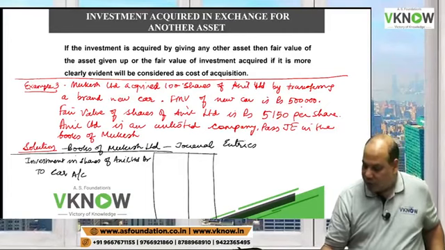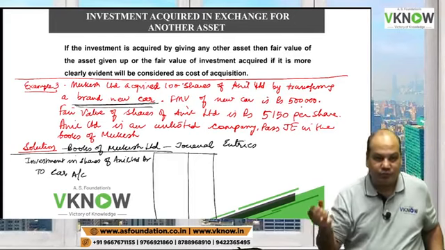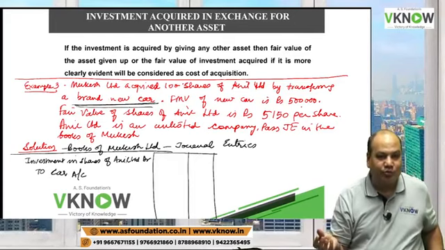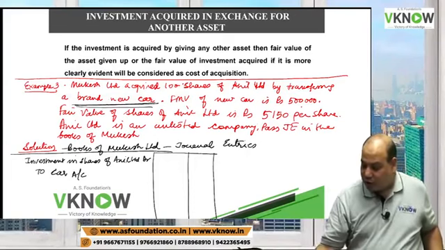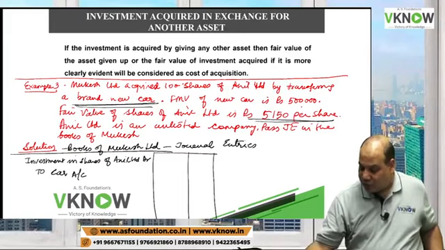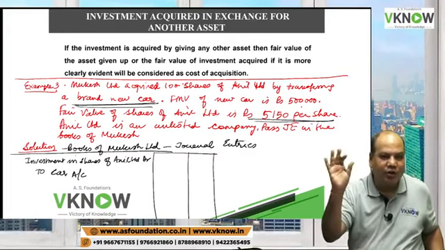Fair market value of a brand new car, you have just got it from the showroom, you have not even driven it 10 kilometers, and you exchange it against Anil Limited shares, but Anil is an unlisted company. It's not traded on the exchange.